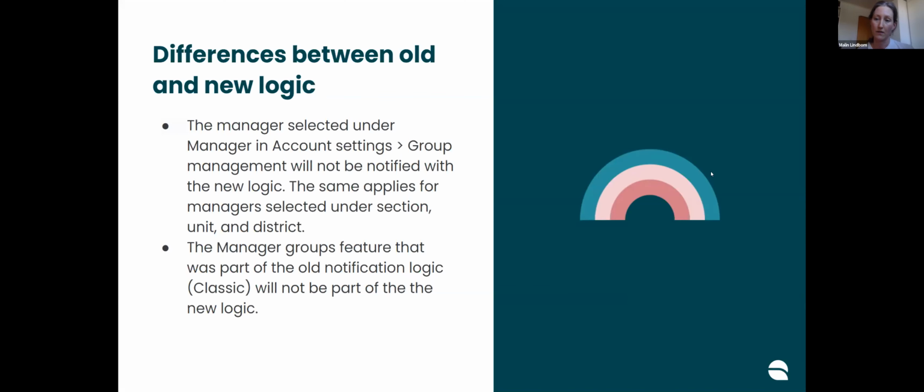And the new logic will not take into consideration the manager that has been defined in these groups. So we will no longer look at those managers. The second part is there is a feature in Classic that was called manager groups. And this is something that we won't look at either in the new logic.